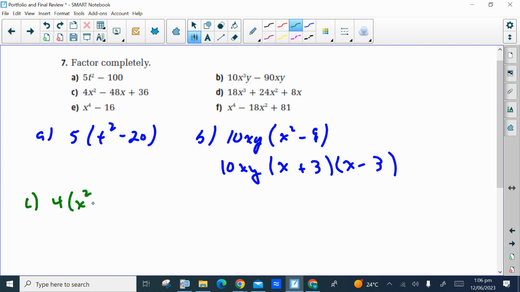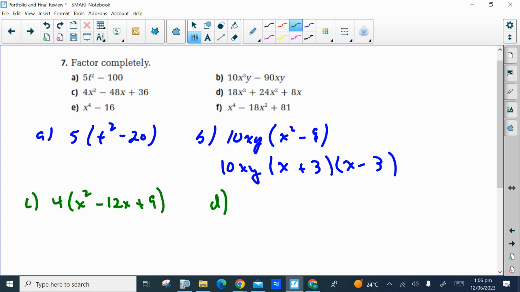You'll get x squared minus 12x plus 9. And that one is now factored. This x squared minus 12x plus 9 cannot be factored any further. There are no two numbers that multiply to get 9 and add to get 12. Won't work. But we still factored. We took out a common factor of 4. So we did factor it.